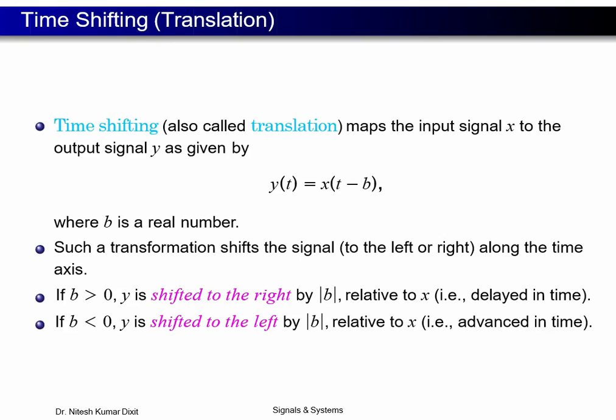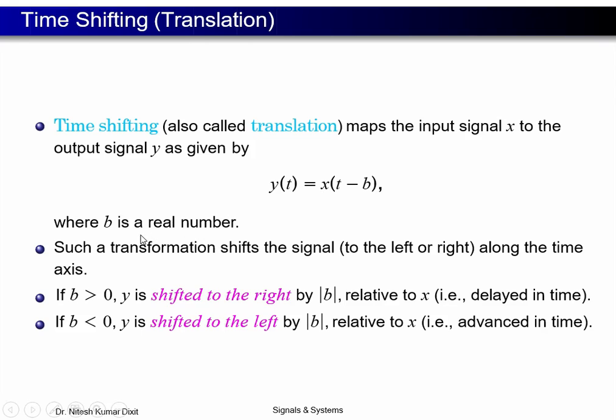The first one is time shifting. Shifting is also called time translation. If we have the input x and we have to convert it into signal y, the relation between the signals is y(t) equal to x(t minus b).